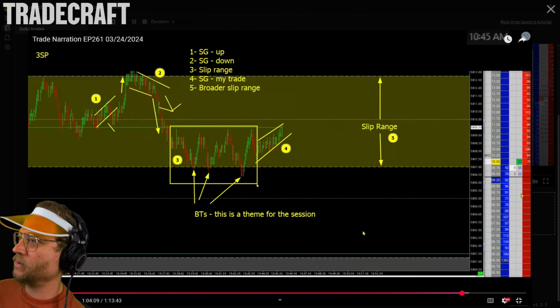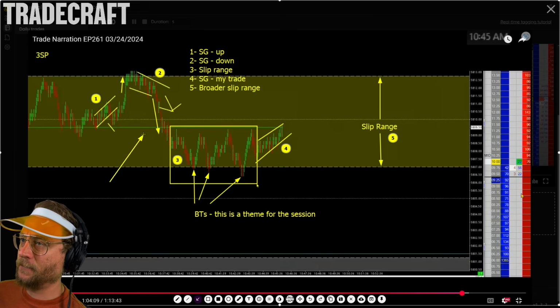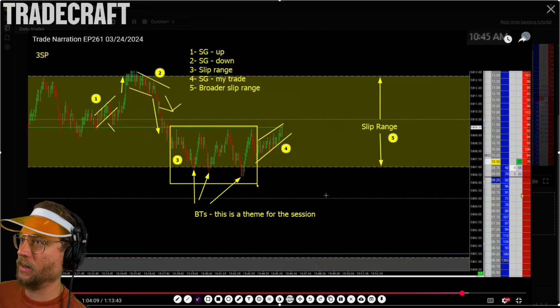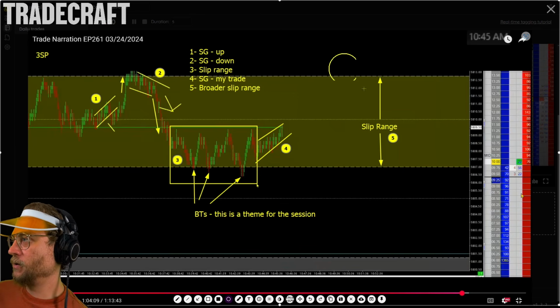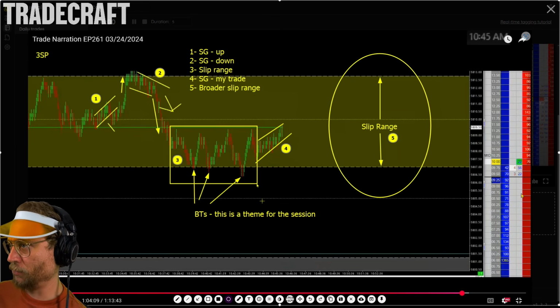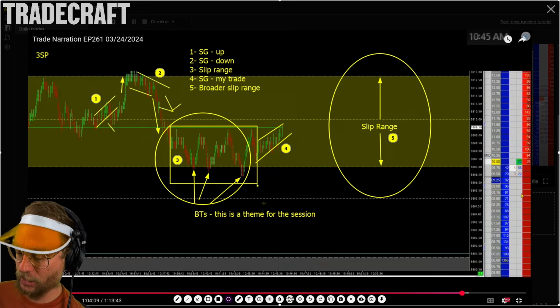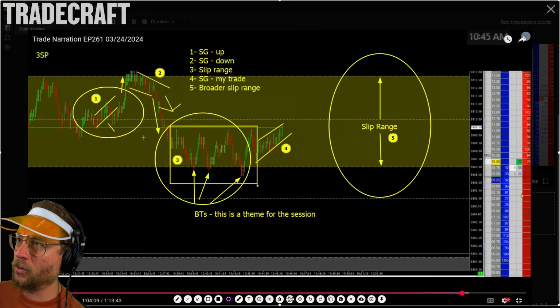Coming back into the screenshot, this is further in the future at this point, and there are quite a few technicalities going on in here. First and foremost, on number 5, I'm pointing out the broader slip range. Number 3 right here is a smaller slip range. Number 1, we have a struggle grind, and then you can see it rips up.